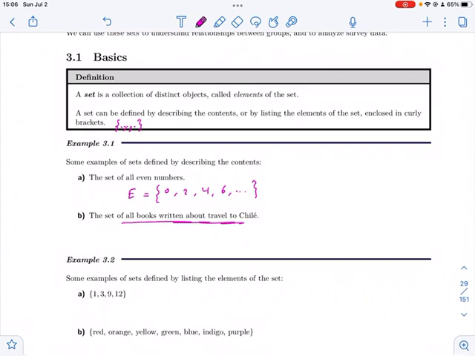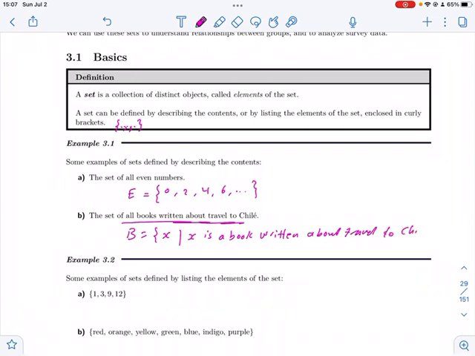B denotes the set of those books, and we can describe it as some variable X. This variable represents each book, such that, this vertical line is read as "such that", X is an individual book written about travel to Chile. And that's it. Here we couldn't list the elements, but we could describe them.